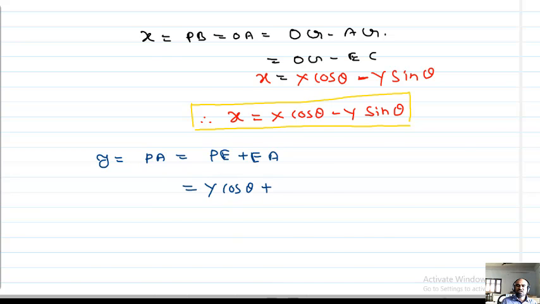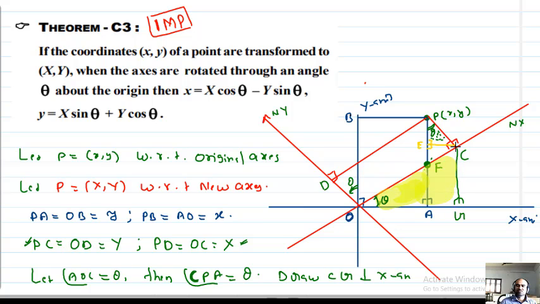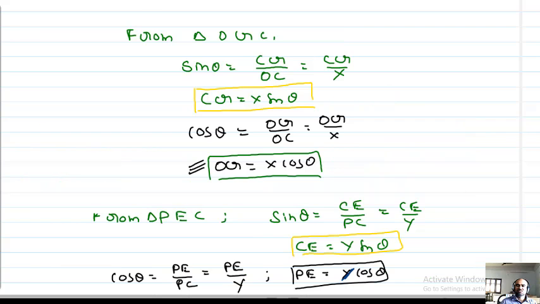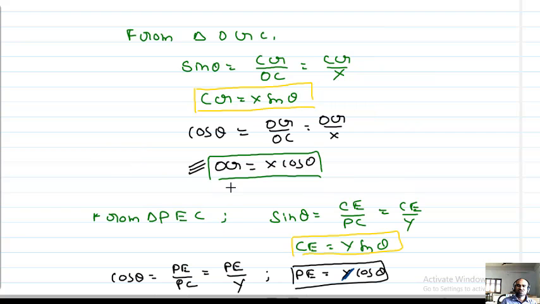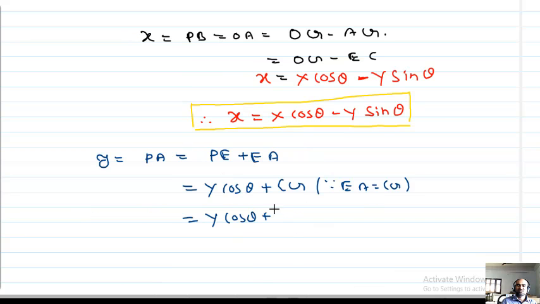Instead of EA, what should I write? EA means CG only. EA and CG are same, since EA is equal to CG. Now Y cos theta plus CG. Somewhere I proved CG: capital X sin theta.